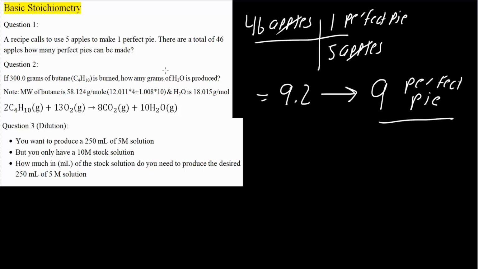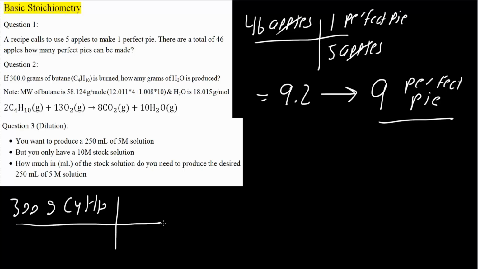The problem is asking us to determine the number of grams of H2O. First, we know we have 300 grams of butane, C4H10. From there, we need to convert grams into moles, because this right here is a mole ratio.